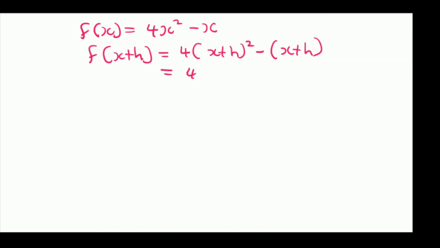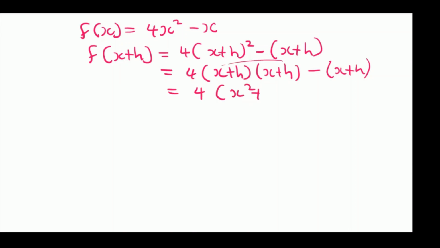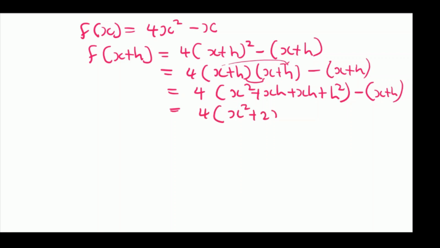If you write it, it's going to be (x plus h) minus (x plus h), and we'll have x squared plus xh, and this one here plus xh plus h squared, minus (x plus h), and we'll have 4 into (x squared plus 2xh plus h squared), close bracket, minus (x plus h), right?